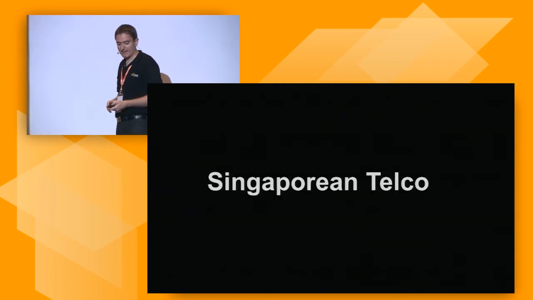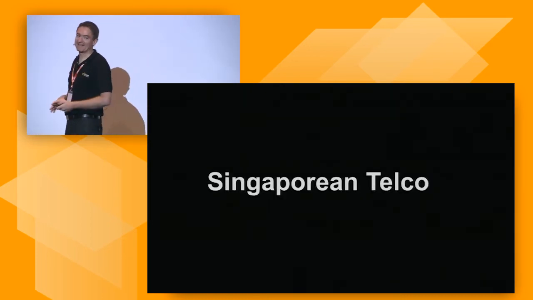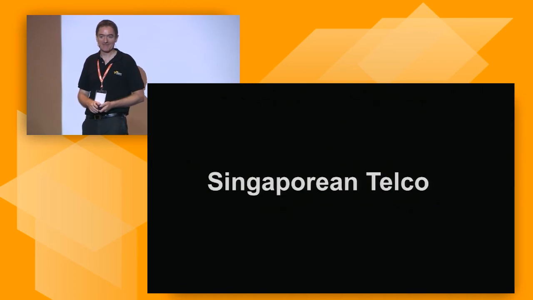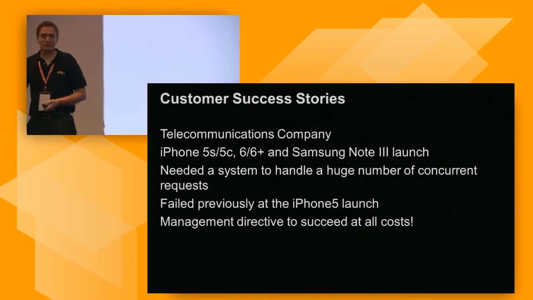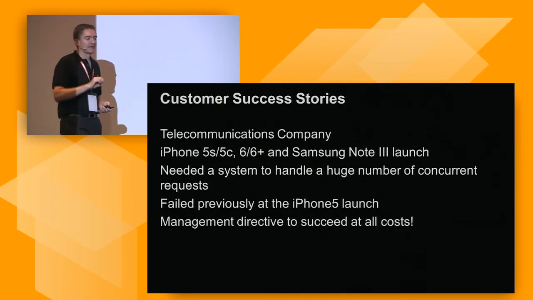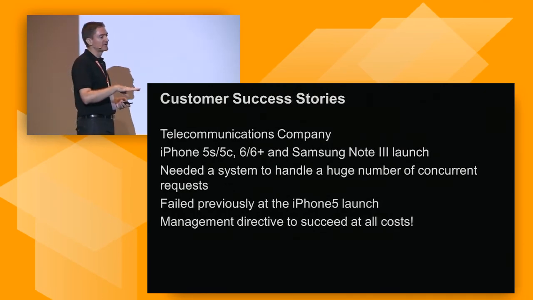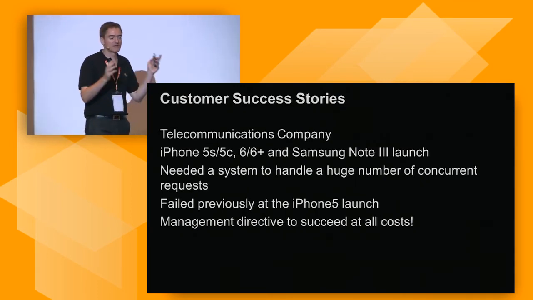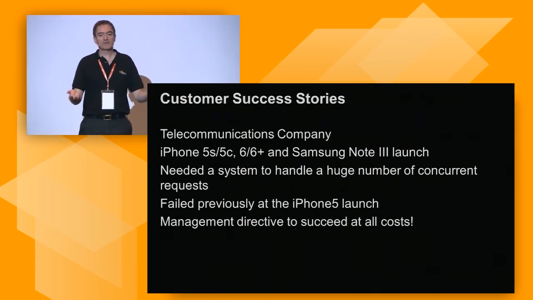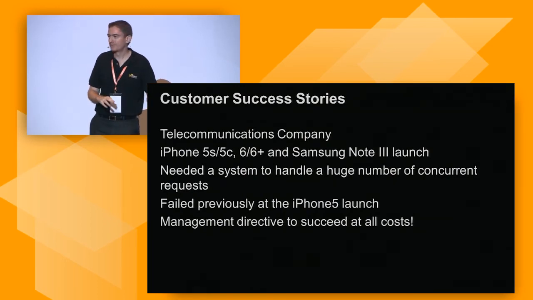So looking at another one, a local telco, can't tell you who. Sorry about that. So they do all their launches now on AWS. So the iPhone 5s, 5C, the 6 Plus, Samsung Note, all of that kind of stuff. When you see them launching something, it's running on our platform.